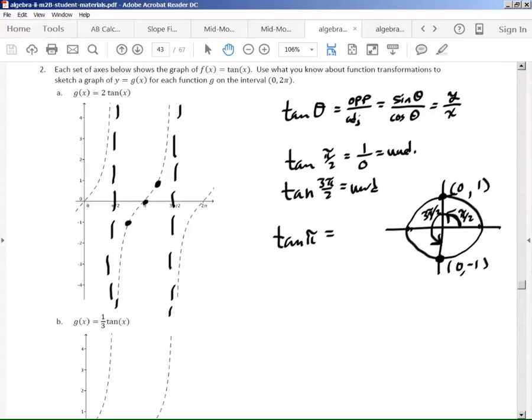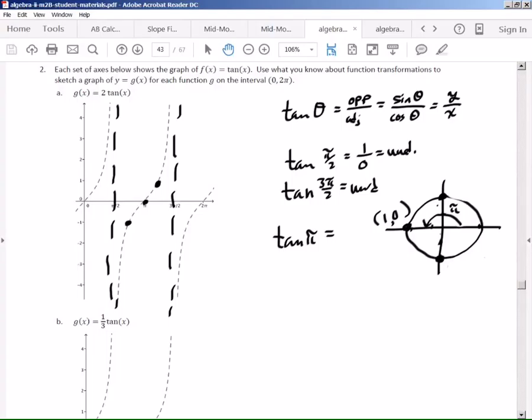So let's look at our little unit circle right here. Let's get rid of these guys, we have a little too much going on. What are the coordinates at pi? I go this way, and that's pi. What are the coordinates right here? -1, 0. You guys are getting confused about which one goes where.